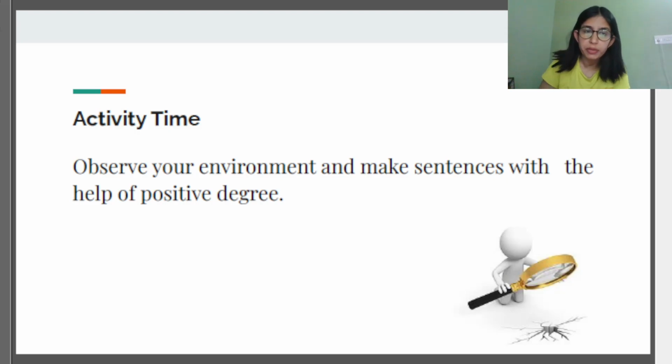You will be observing your environment, there must be different things around you. You will pick those names, the words that come out of these things, and make a sentence with the help of positive degree.